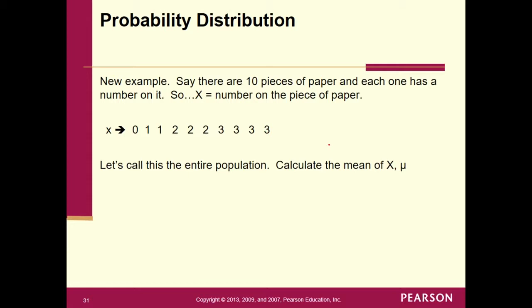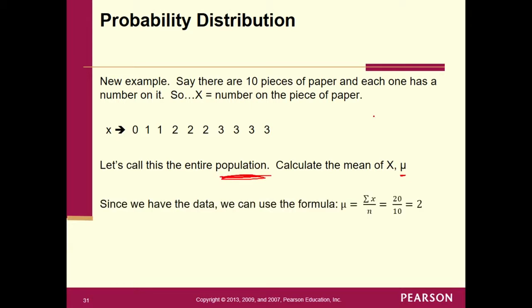Okay, and so let's go ahead and calculate the mean of x. Let's calculate mu. Why am I saying mu? Because I'm saying that this is for the entire population. All right. So since we have the data, we can use the formula that we're sort of used to, the summation of x divided by n.